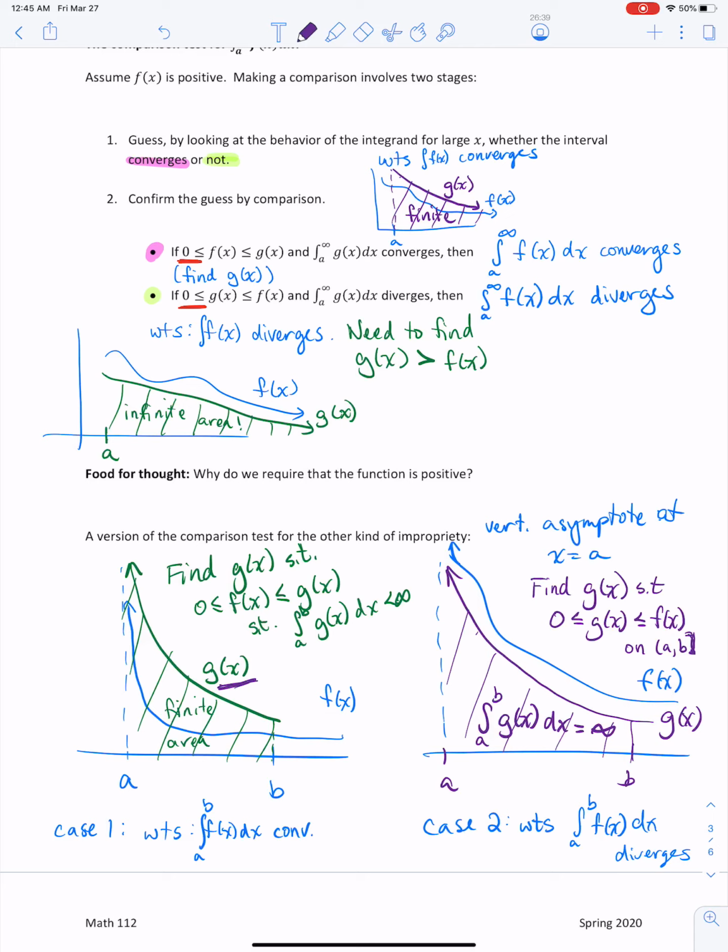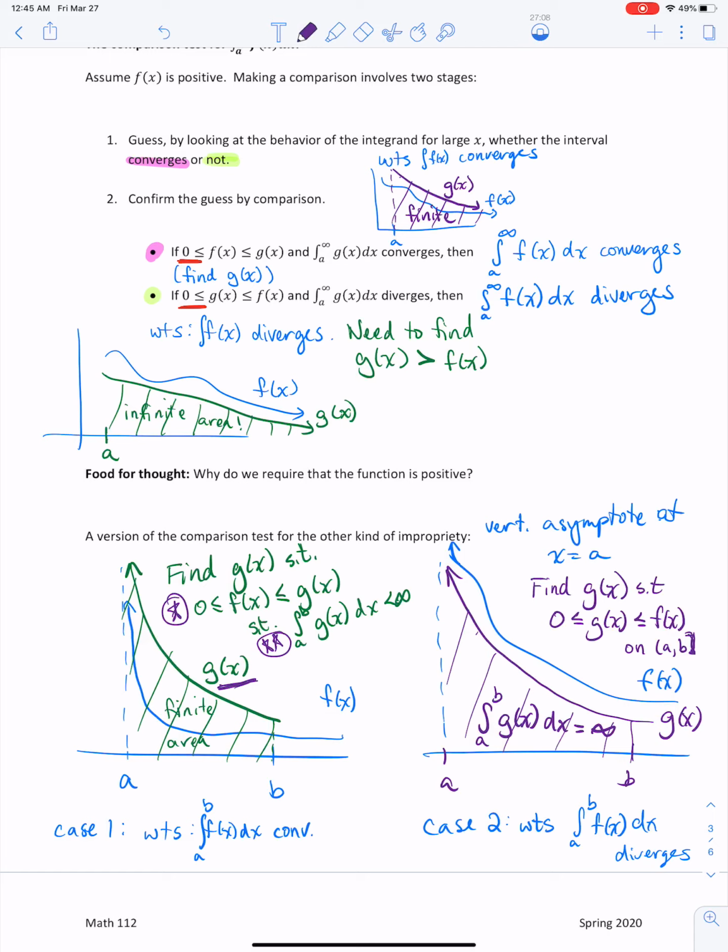So it really is important that both of the conditions in the statement here are satisfied. The first thing is my single star here: you need to have g of x being greater than f of x, and the second criterion is that you need your g of x to actually be convergent.